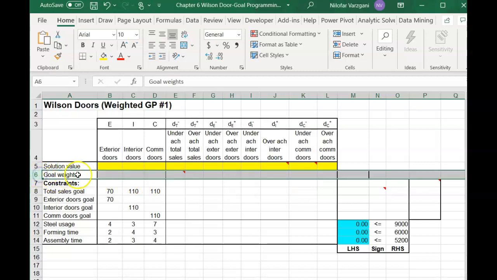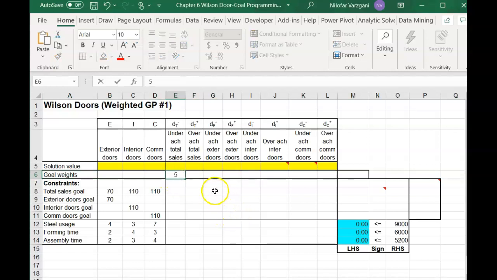The next row item that I've added is for goal weights. This is the case if you're solving it as a weighted goal approach model, because you want to tell Excel that one or more of the goals are more important than the other goals. So since in the slides we had set this to 5, I'm going to put the weights of the other negative deviation variables under their column headings, so that I can tell Excel that goal number 1, which is the total sales goal, is 5 times more important than the other 3 goals.